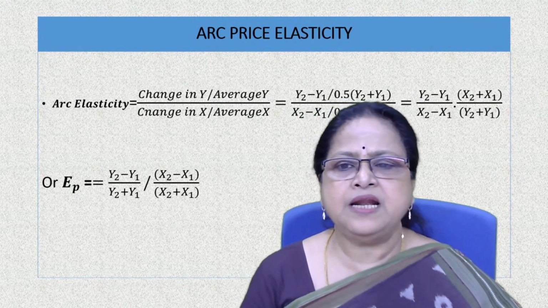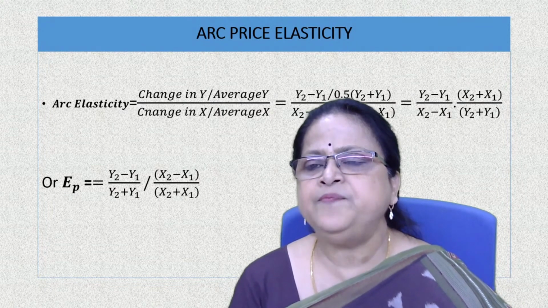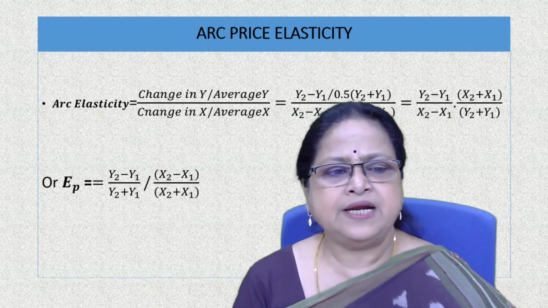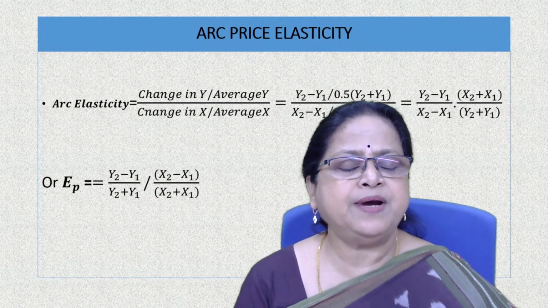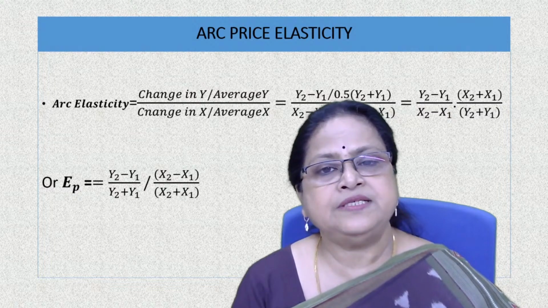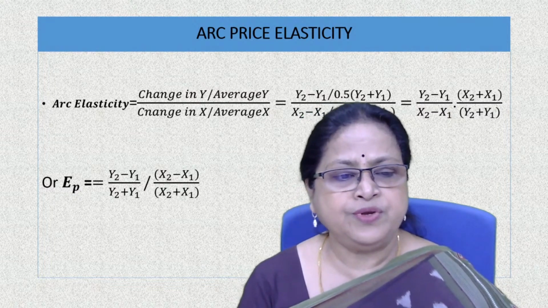Now that can be written as Y2 minus Y1 by X2 minus X1 multiplied by X2 plus X1 by Y2 plus Y1. You can write that way. Or you also can write the difference of Y divided by the addition of Y, again divided by the difference of X divided by the addition of X. You can write this way also.